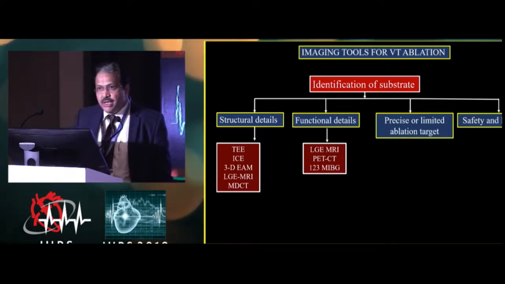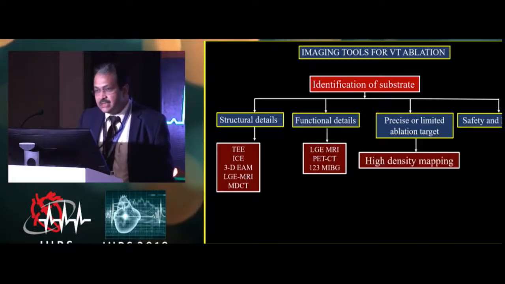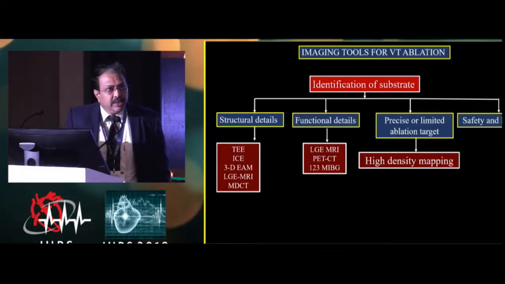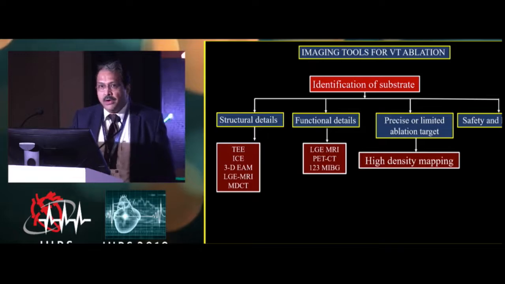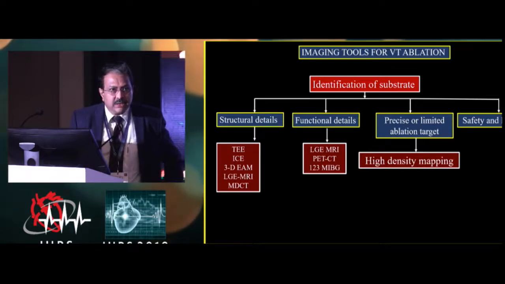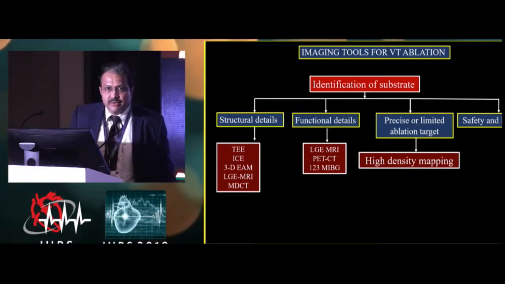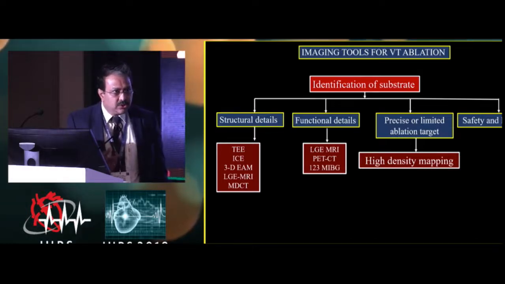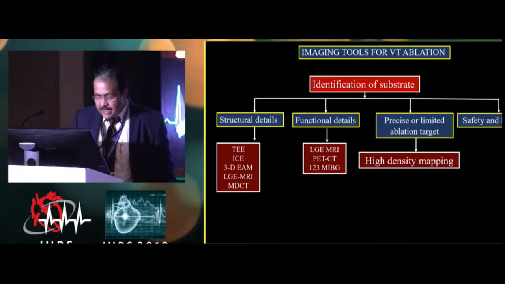And if you really would like to see and accurately localize those channels, we now have significantly advanced diagnostic catheters with multiple electrodes which can record orthogonal electrograms and can detect those tiny channels.